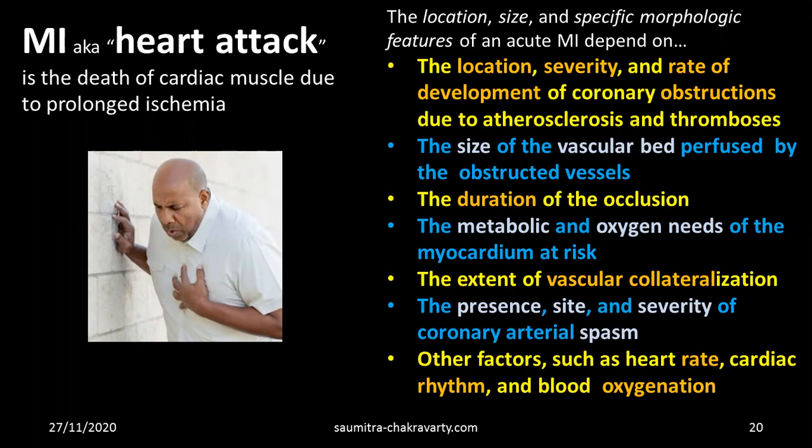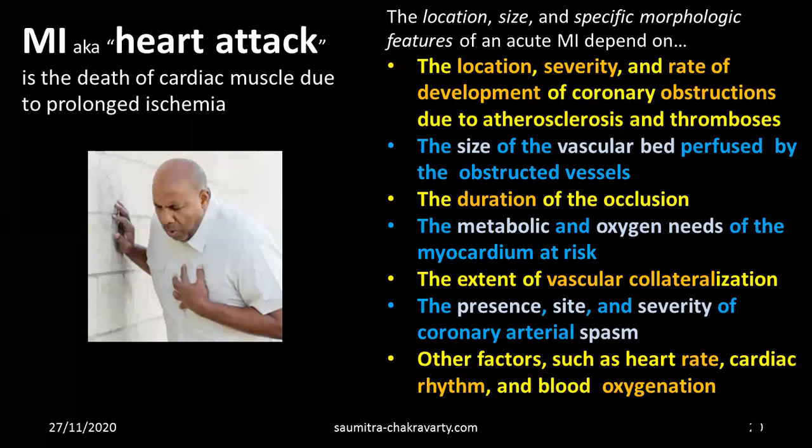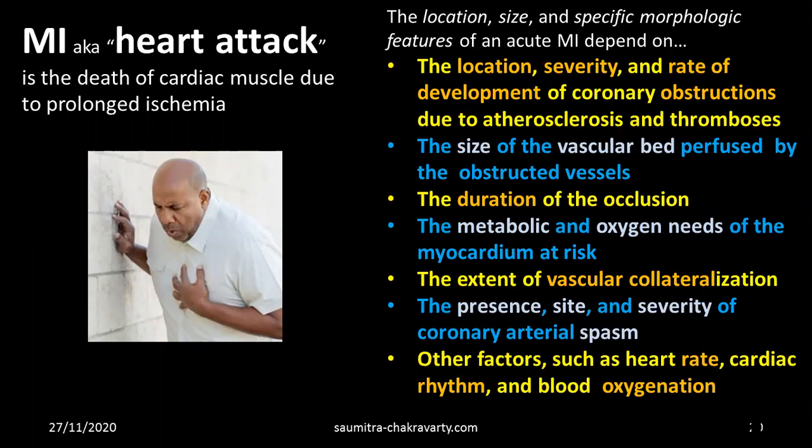So when you go through it later, you can easily get the point or try to remember it well. So it's color coded here. You already know the location, severity, and rate of development, etc. Other vascular collateralization, etc., etc. So I think you can skip this slide, but it's important. Please do read it when you get the time.